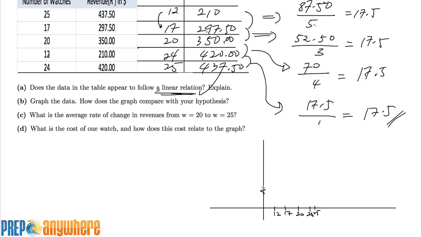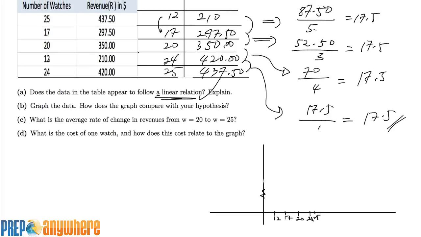So let's just say it goes up here somewhere, and then we're starting at 210, and then 297.5, 350, and then 420, and then 437.5.